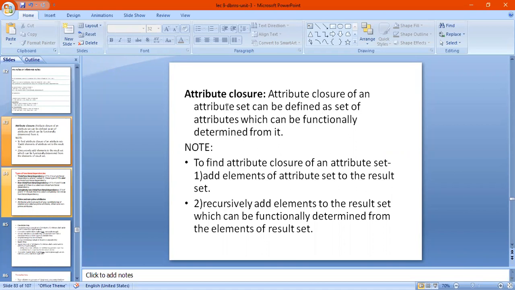Note, to find the attribute closure of an attribute set, add elements of the attribute set to the result set. Recursively, add elements to the result set which can be functionally determined from the elements of the result set.